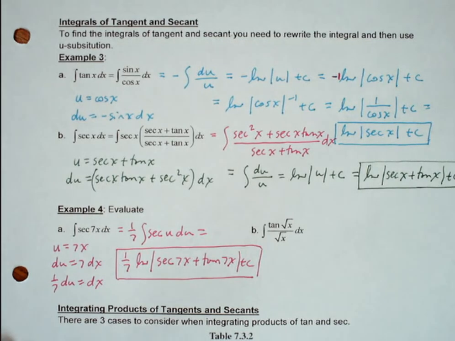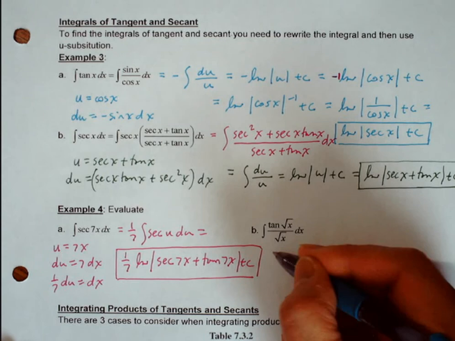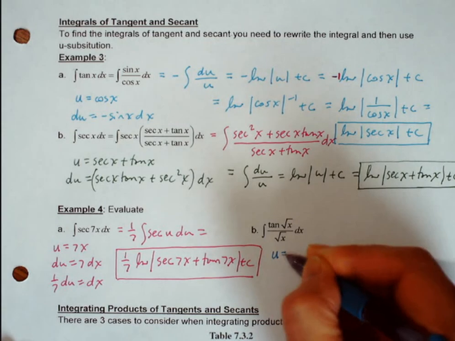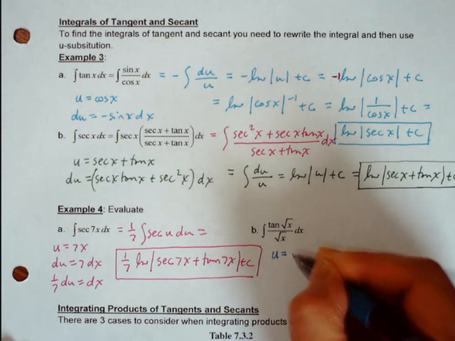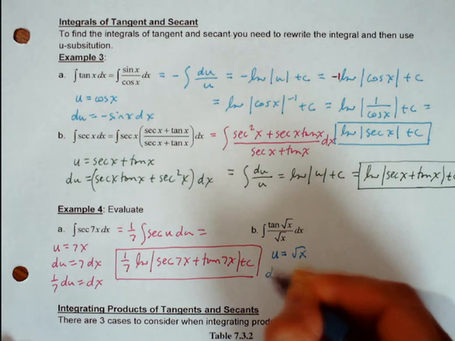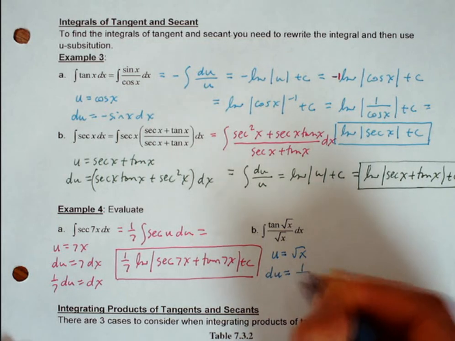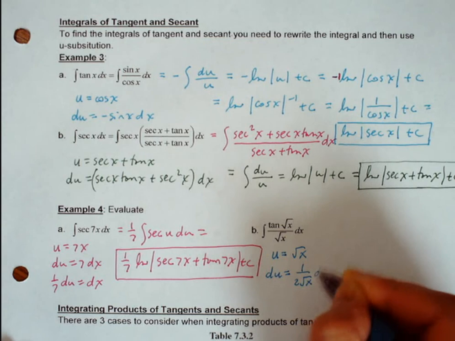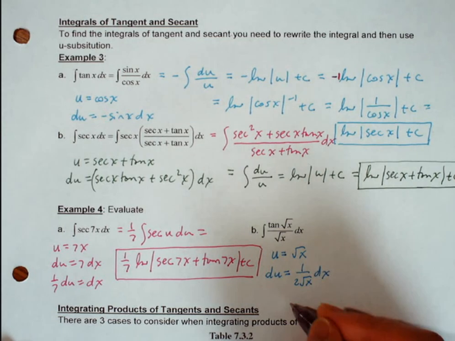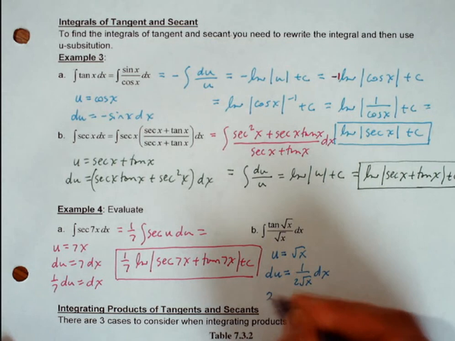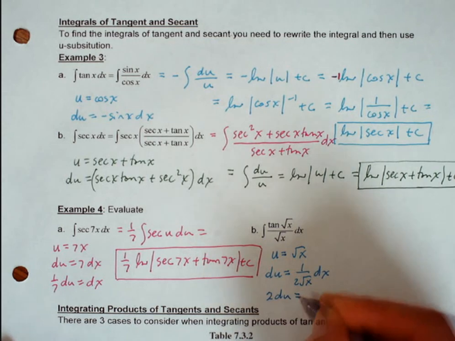Okay, for the last problem on this page, I will do a u sub of letting u equal the square root of x. So du is equal to 1 over 2 square root of x dx. And then I have 2 du is equal to 1 over square root of x dx.